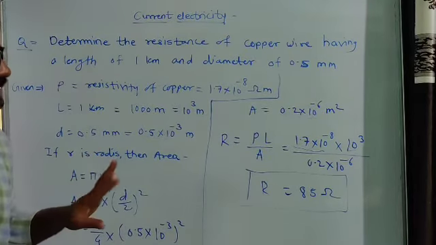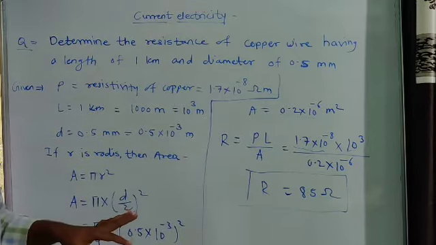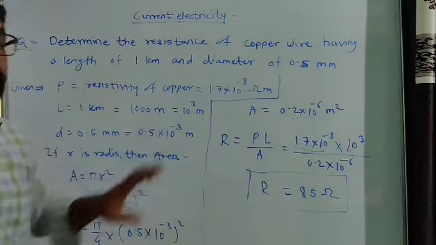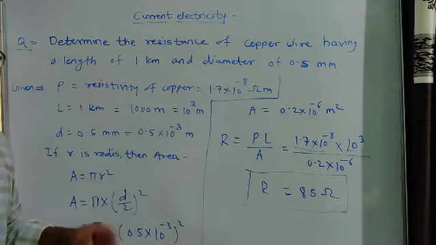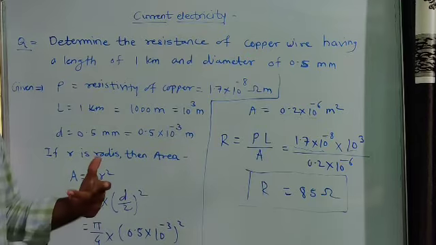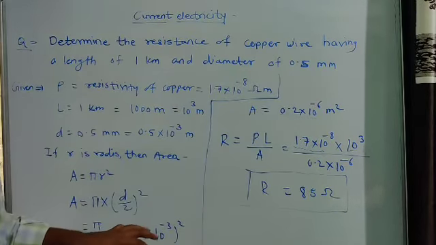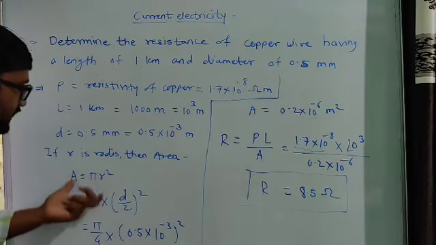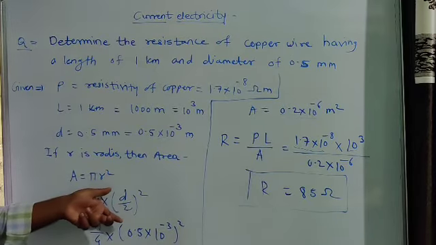This is the way we have to solve this problem. It is not always resistivity that is asked to calculate. Sometimes length may be asked, sometimes area may be asked. Which term is given and which we have to find out, we have to think logically by observing the formula. Here only one adjustment we take initially: radius is not given, but we know radius is diameter by 2.